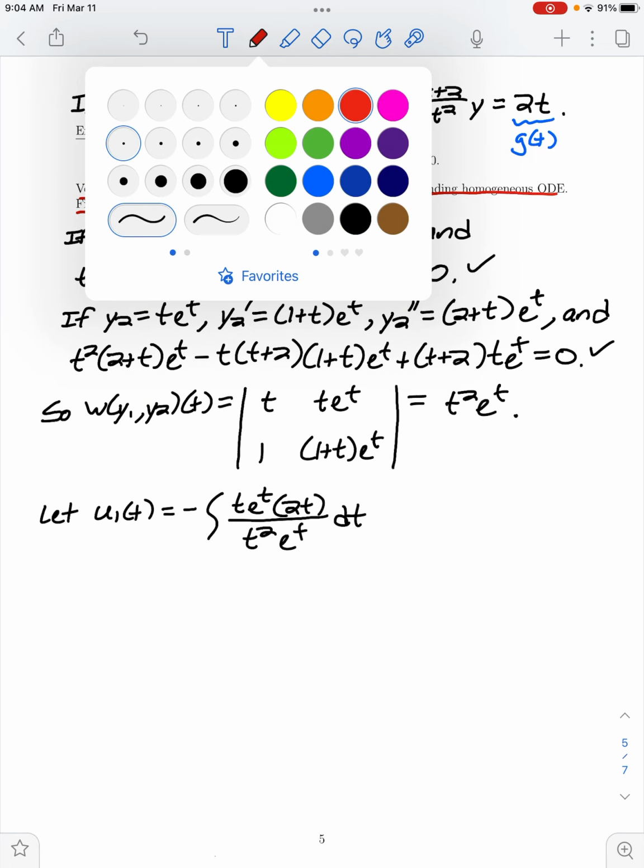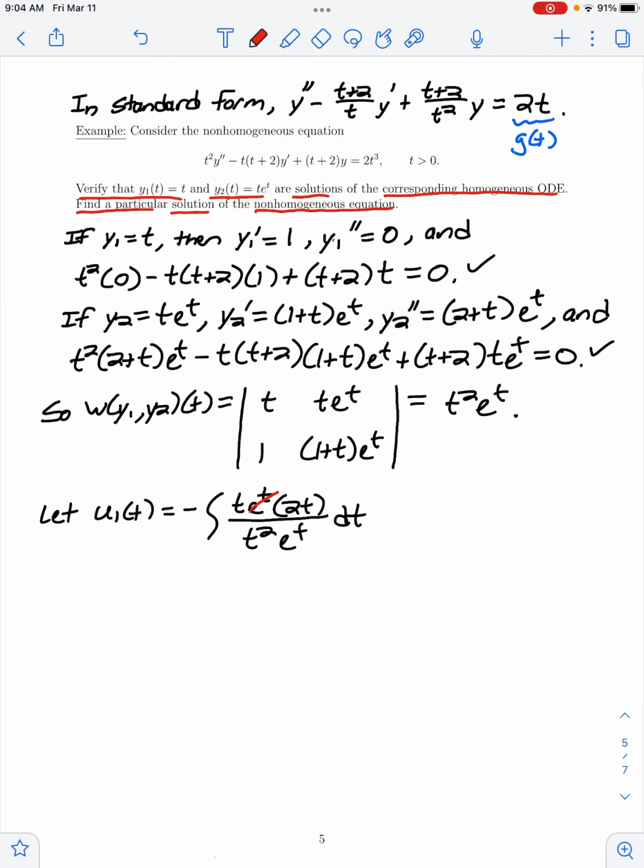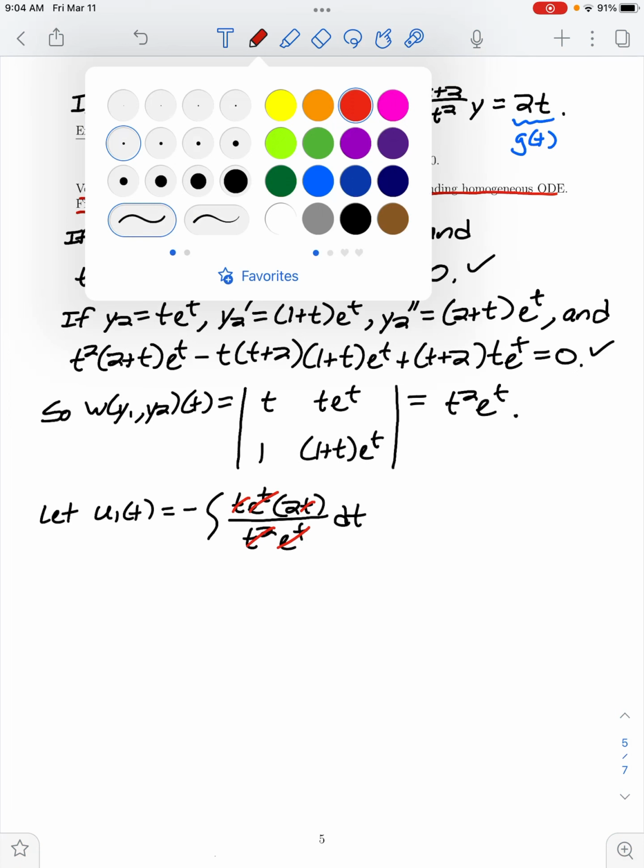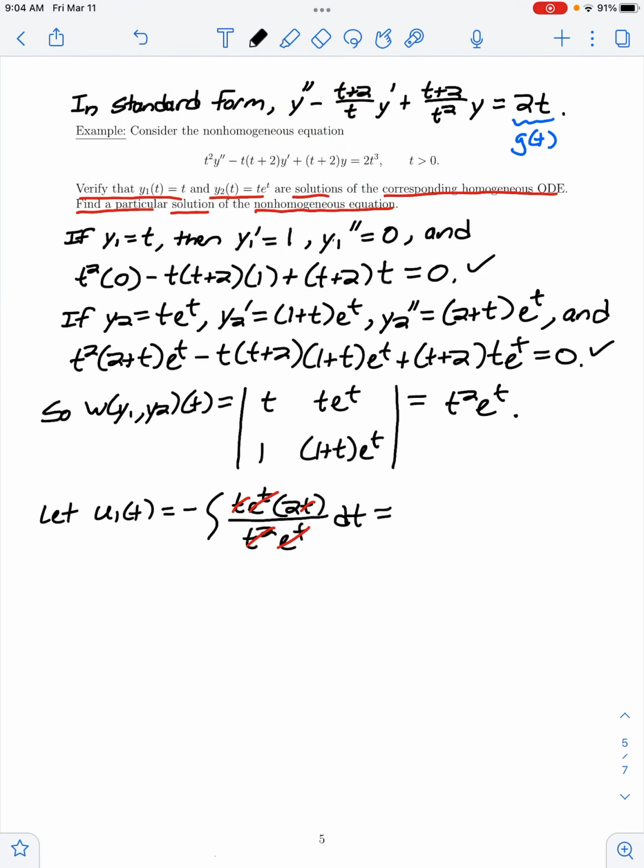And we find that a factor of e to the t will cancel, along with a factor of t squared, leaving us with the negative integral of 2 dt, which gives us negative 2t.